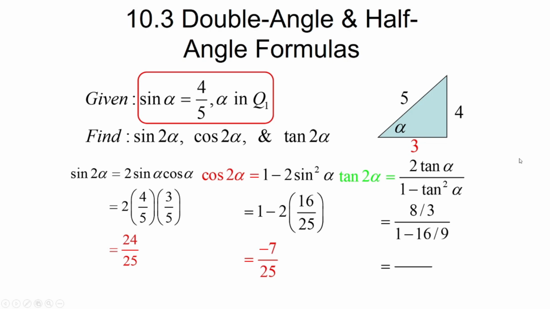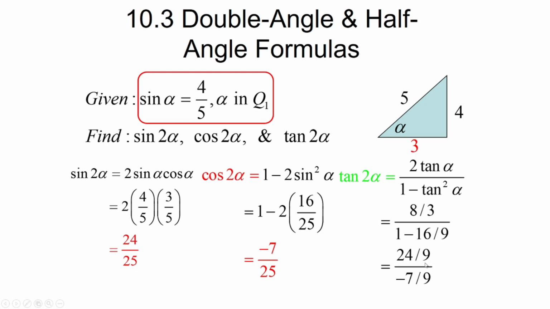Now let me show you a little trick here to save yourself a few steps. See the divisor of 9 and then the divisor of 3? How about we write our numerator with a divisor of 9 to save a step? So I'm thinking 8 over 3 would become 24 over 9. And then this 1 now I'm picturing as a 9 over 9. And 9/9 minus 16/9 would be negative 7/9.